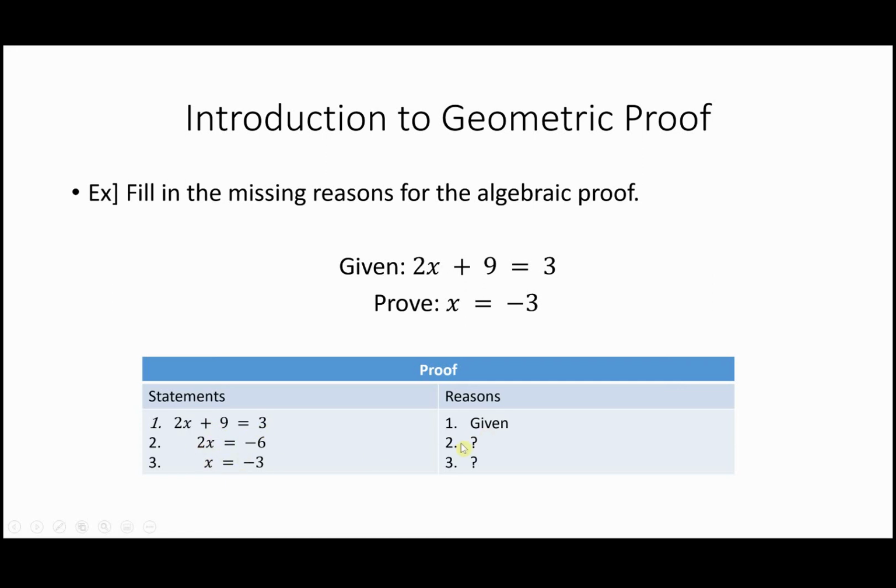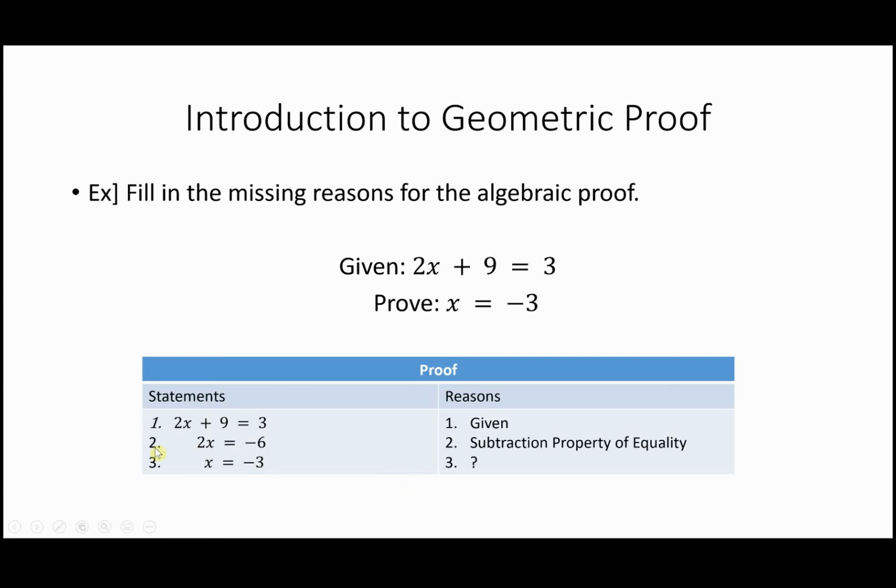So I would say that we are using the subtraction property of equality, or SPOE if you want to be hugely brief. You do not need to say specifically that you subtracted 9 from both sides. You just need to state the property that allows you to go from one step to the next. In this case, it was the subtraction property of equality.